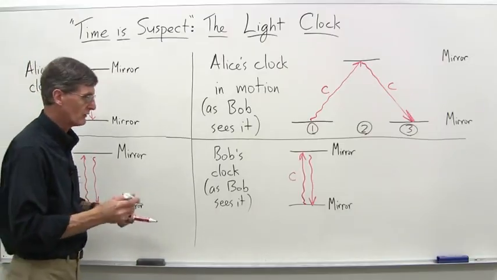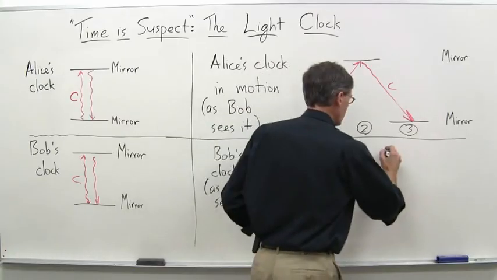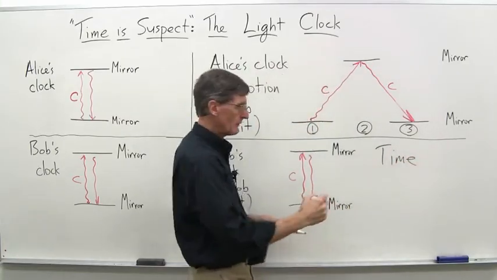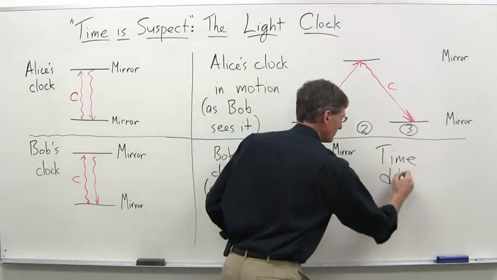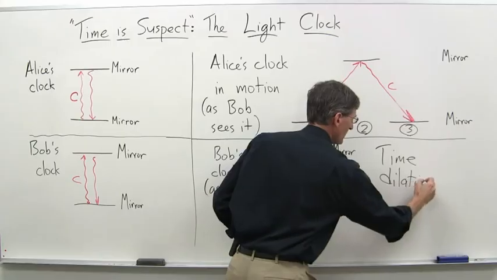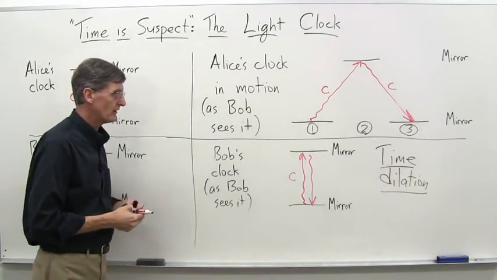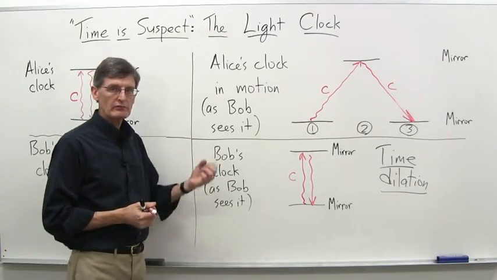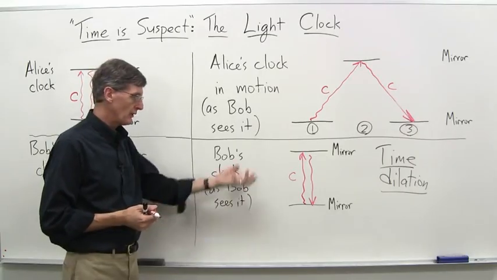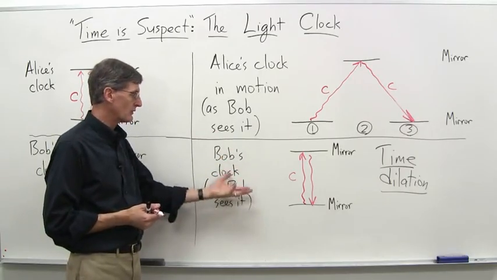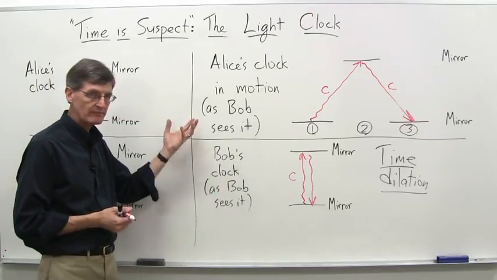We're going to investigate this more, obviously, as I just mentioned, but just to give you the name of this effect that you may have heard about: time dilation. Another way to say this is moving clocks run slow compared to an identical clock that is not moving. So again, we have Bob's clock and Alice's clock, identical clocks.